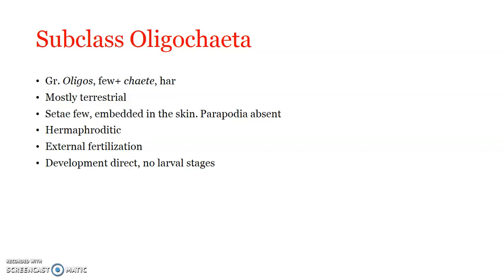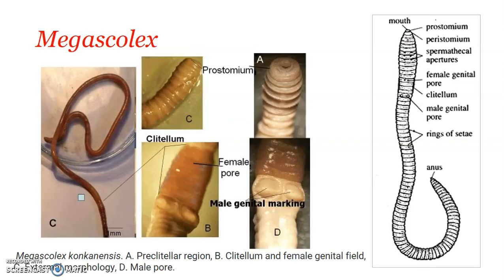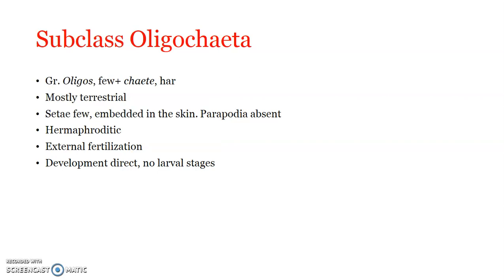Being Clitellata, they are hermaphrodites, and development is direct without any larval stages. Usually the development takes place within cocoons secreted by the clitellum. There are plenty of examples coming under oligochaetes, like Tubifex, Pheretima, Lumbricus, Megascolex.